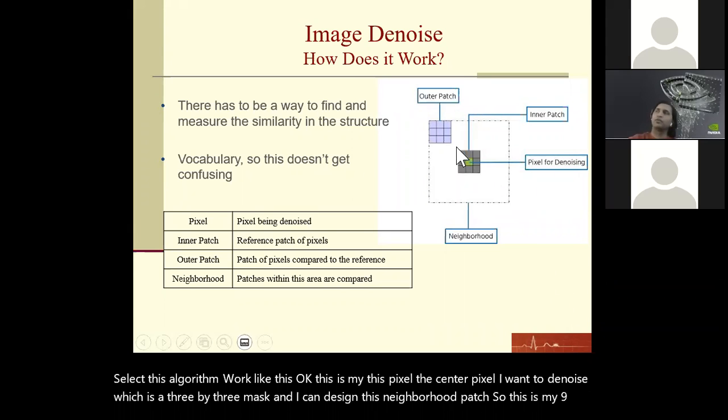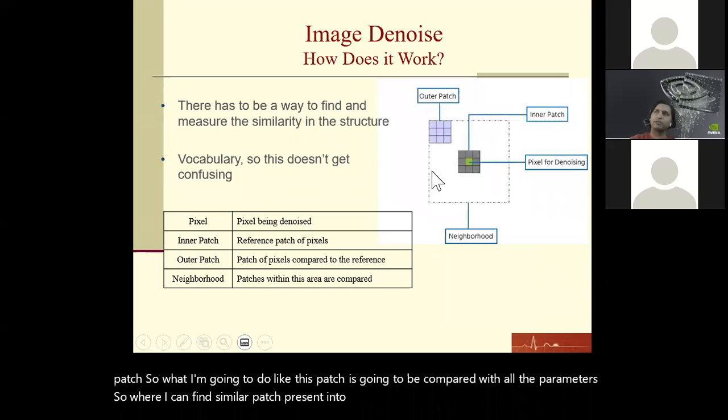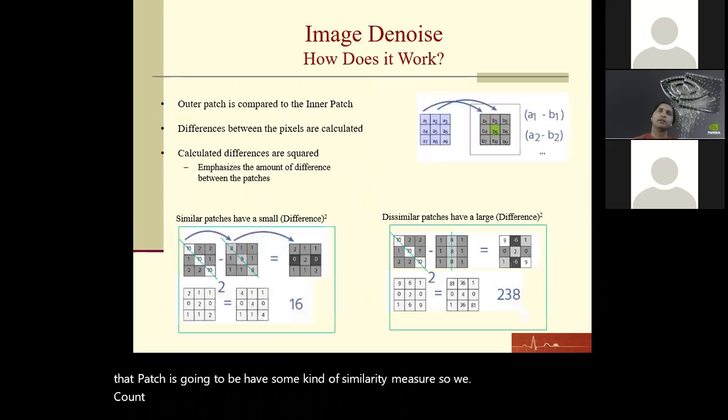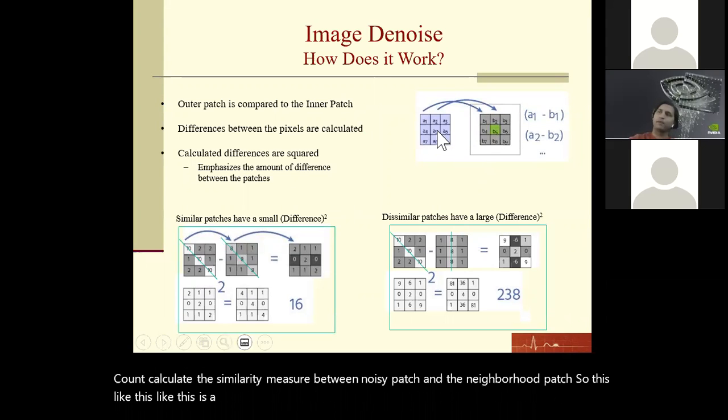This patch is going to be compared with all the neighborhood, to find where a similar patch is present in that image. Once I find a similar patch, we calculate a similarity measure between the noisy patch and the neighborhood patch. I am calculating the difference between them.